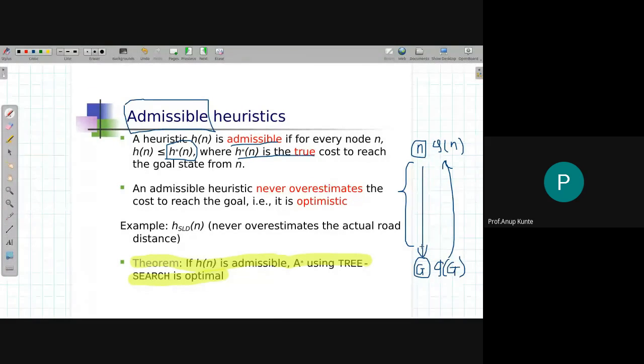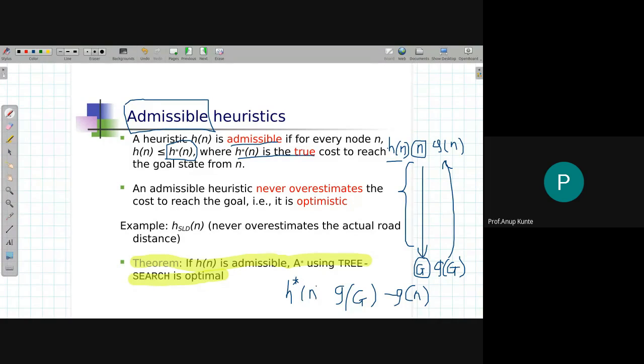Now, if I am writing h of n here, what does it mean? It means it's a heuristic cost of reaching the goal node with the cheapest path. And when I actually follow the cheapest path, the cost that I incur is g of capital G minus g of n. Now, to represent this quantity more easily, they've chosen this notation, h star of n.